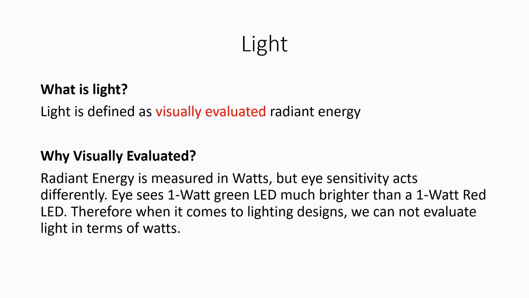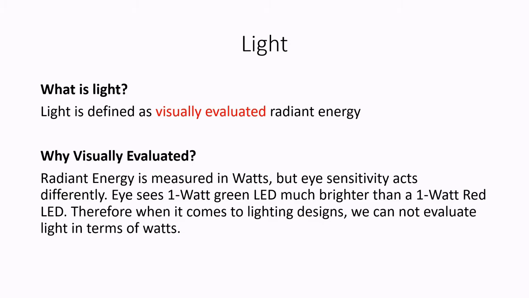In the previous slide, I told you this energy is measured in watts, but our eye sensitivity acts a little bit differently. If you take two LEDs, one 1 watt green and another 1 watt red, our eye will see the 1 watt green LED much brighter than the 1 watt red LED.